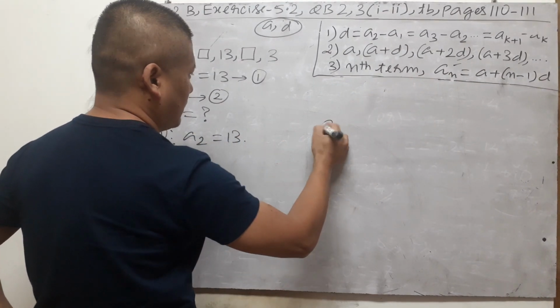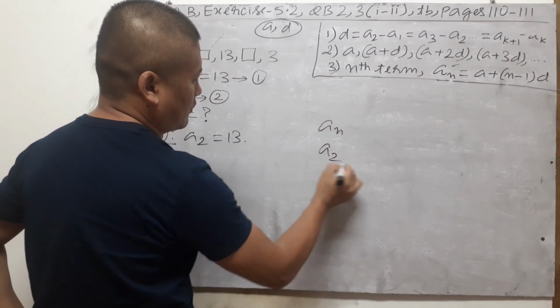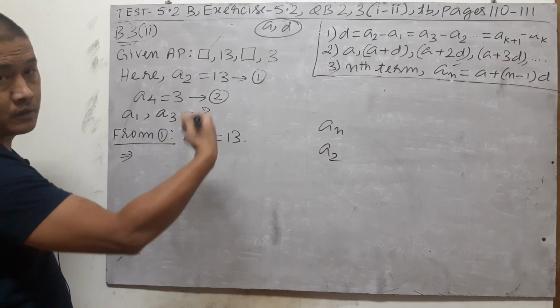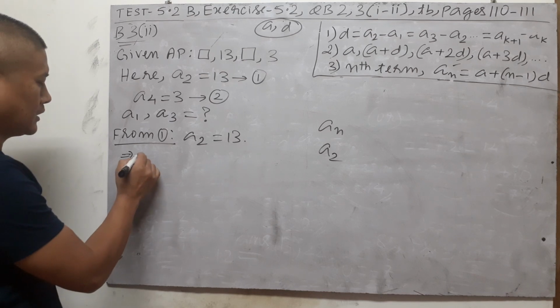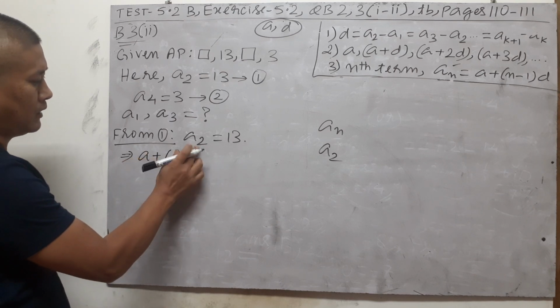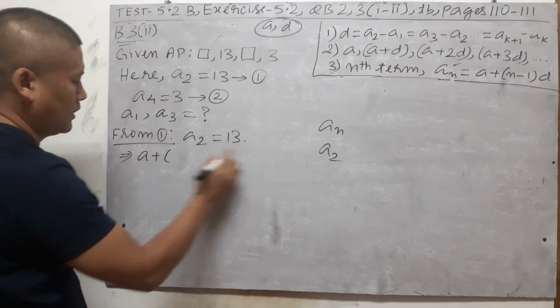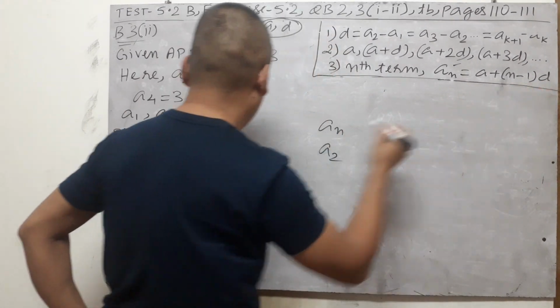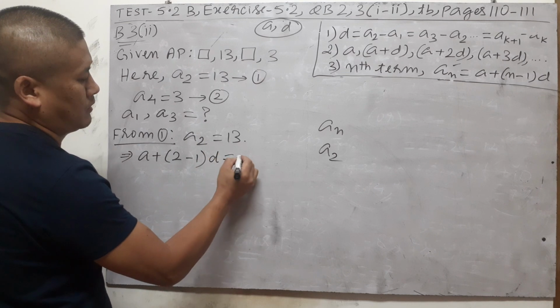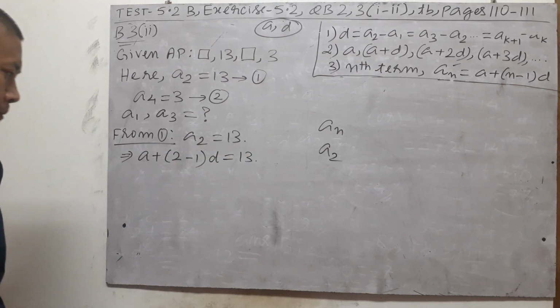Here our N is 2, so use the formula in this specific case for A2, which is A plus N minus 1 into D, and your N here is 2, so A plus 2 minus 1 into D is equal to 13.